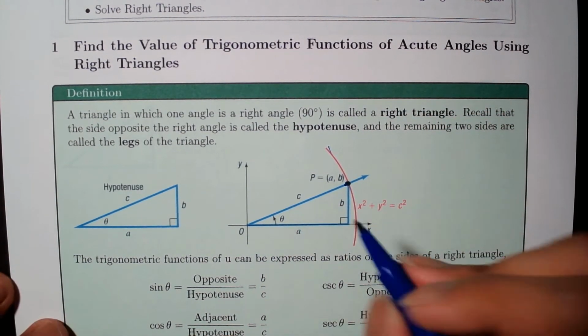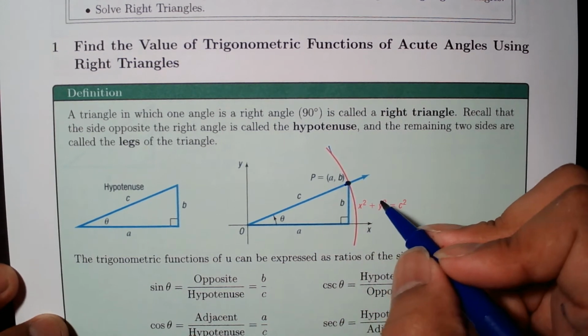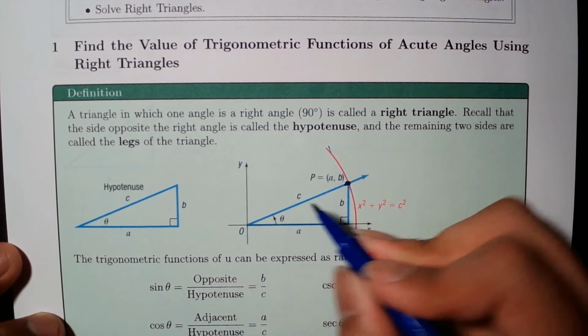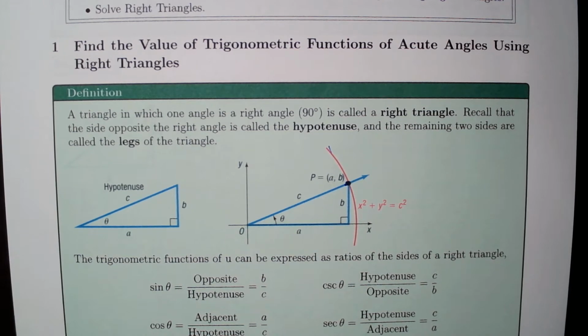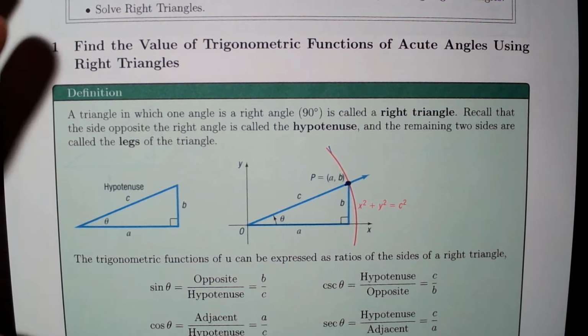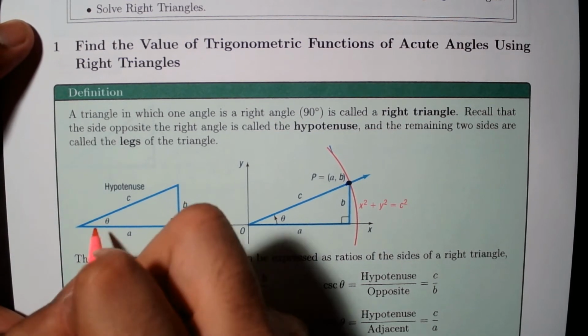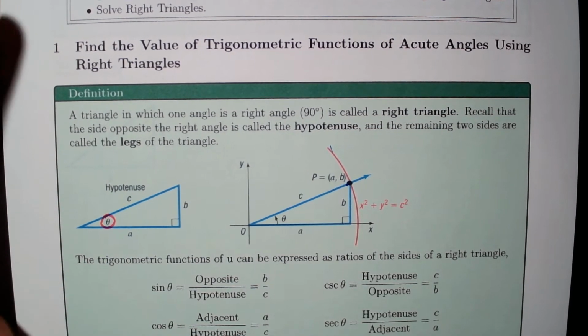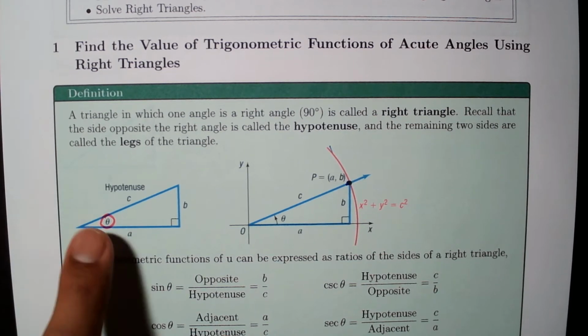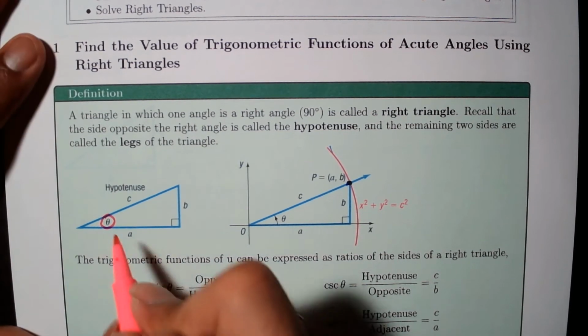In this case, the letter c is no longer going to represent the radius. Rather, we are going to have a right triangle in which we establish the position of a reference angle, in this case this acute angle.